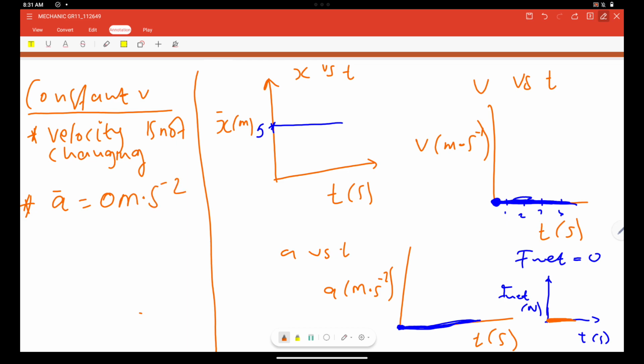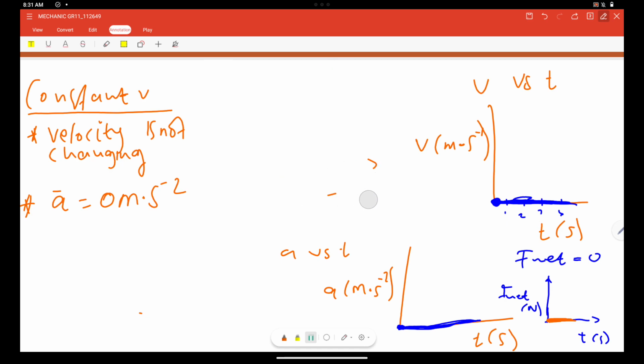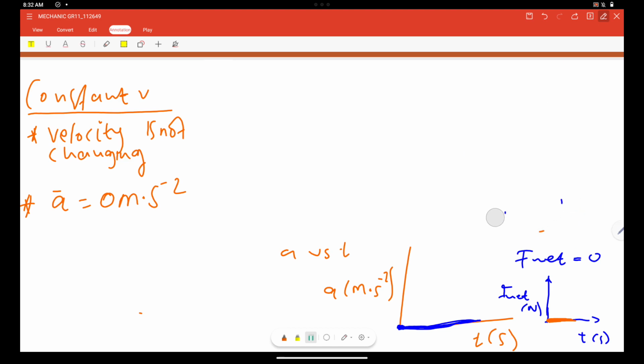So if we go back to these graphs, I'm only going to erase the one for position versus time, as well as velocity versus time, because those are the ones which are going to look a little bit different. But the rest of the graphs, the last two graphs, are exactly the same.